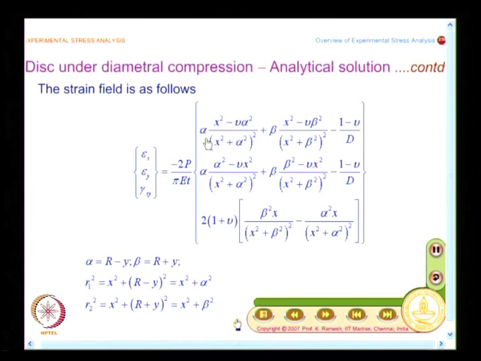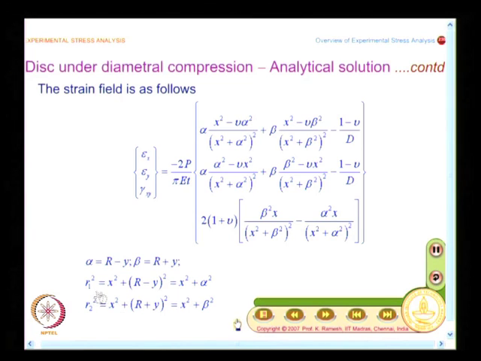I have this as alpha into x squared minus nu times alpha squared divided by x squared plus alpha squared whole squared, and alpha is defined as alpha equal to r minus y, beta equal to r plus y, and you have alpha and beta are also related to r1 squared and r2 squared as follows.